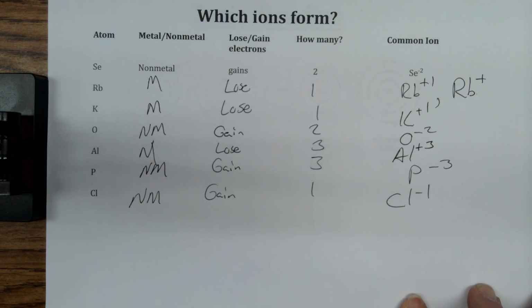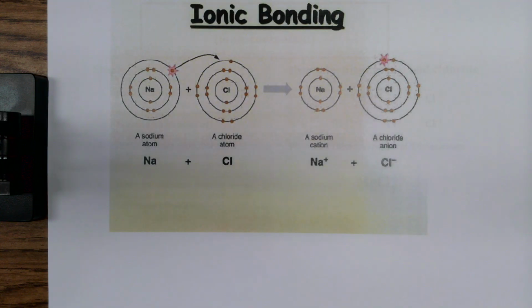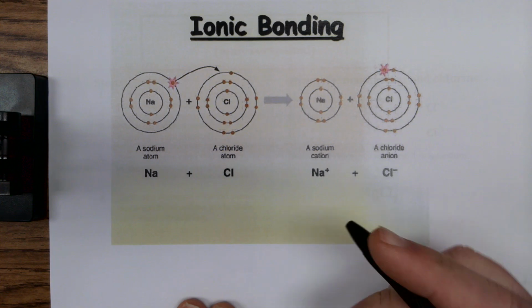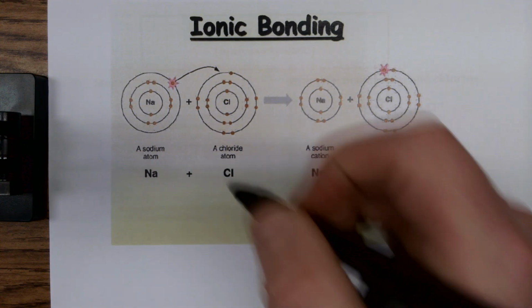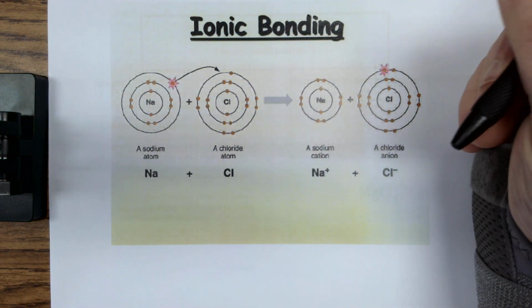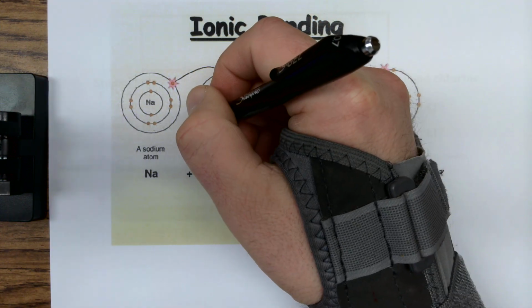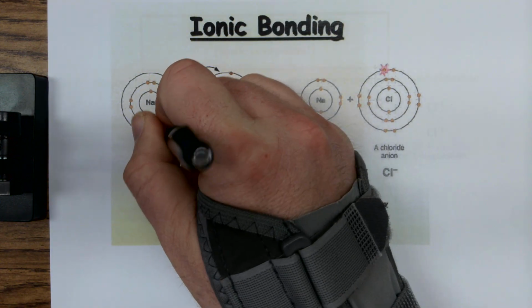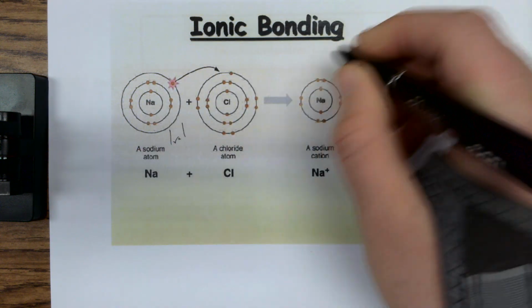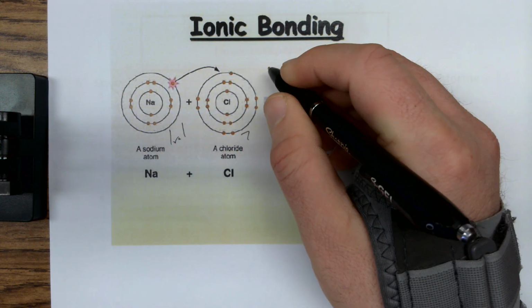All right, so we are almost there. So when it comes to ionic bonding, here I have my sodium and my chlorine atoms. Sodium is in group 1, only has 1 valence electron. Chlorine has 7.